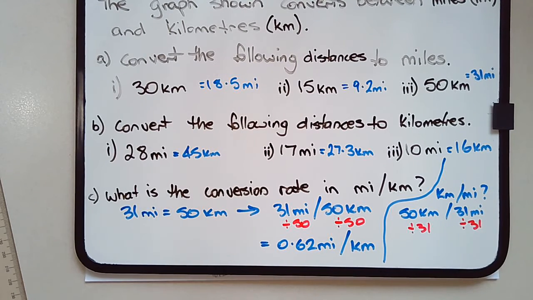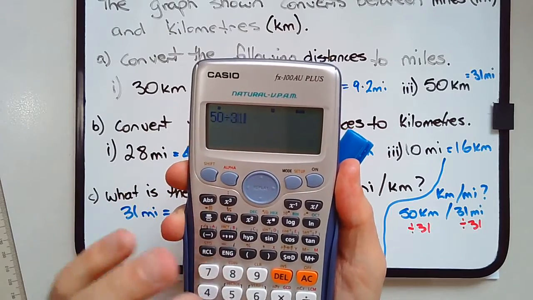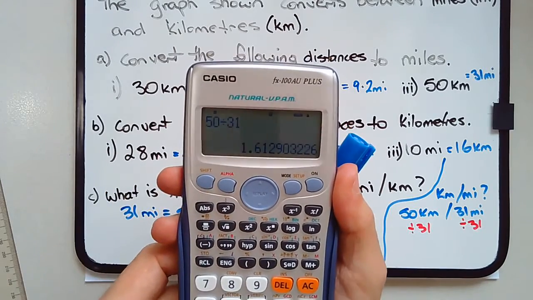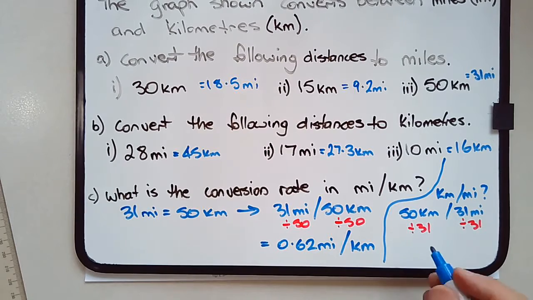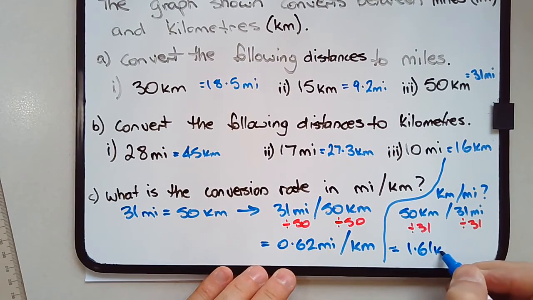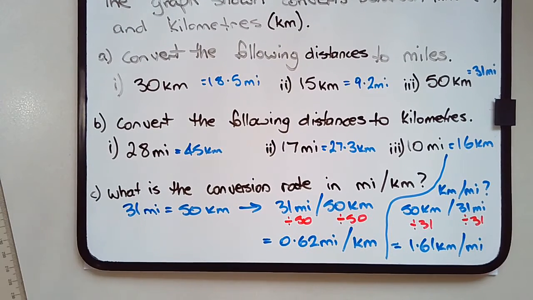When we work with rates, we usually want the second term to be a unit, to be 1. So 50 divided by 31, and we get 1.61. So it's around 1.61 kilometers per mile, and that's roughly what the conversion is, in fact, if you look it up.